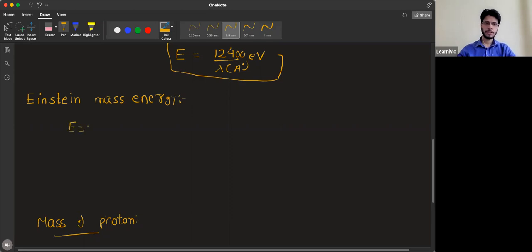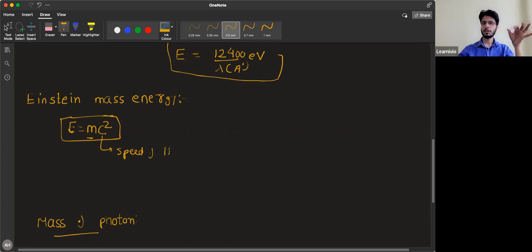So this relation says mass is not conserved. It can be converted into energy. If you have m amount of mass, and somehow that mass disappears, like what happens in an atomic bomb and hydrogen bomb, it will convert into energy, and the energy will be m into c square, where c is the speed of light.